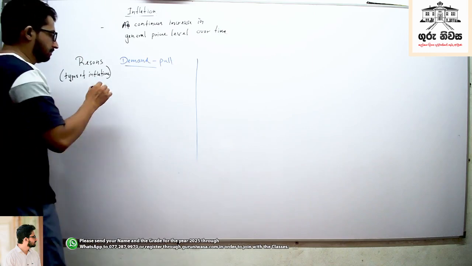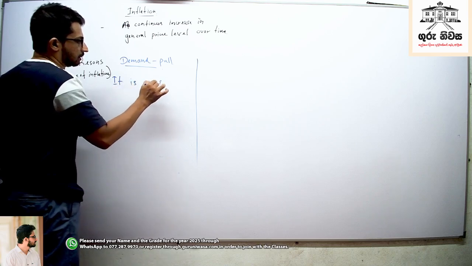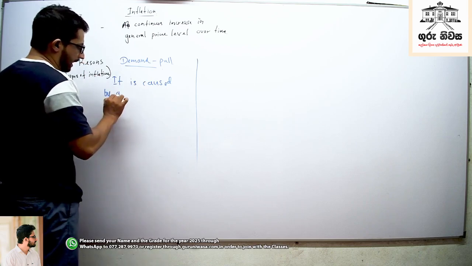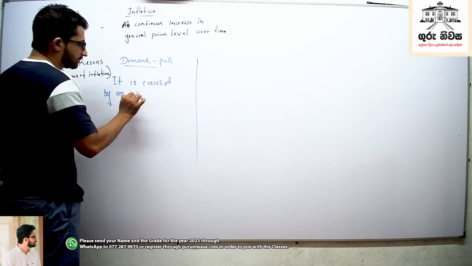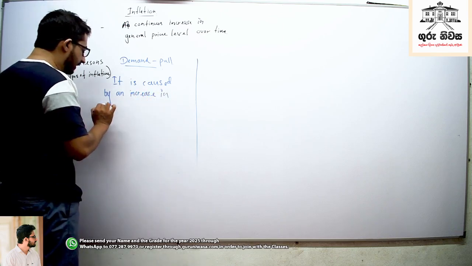Demand pull inflation means it is caused by an increase in aggregate demand.